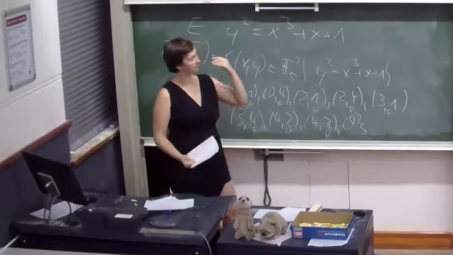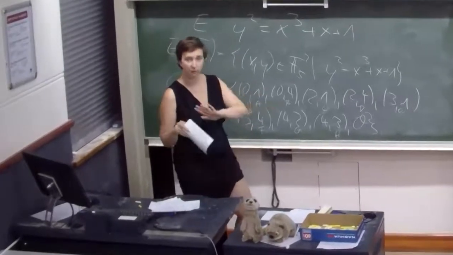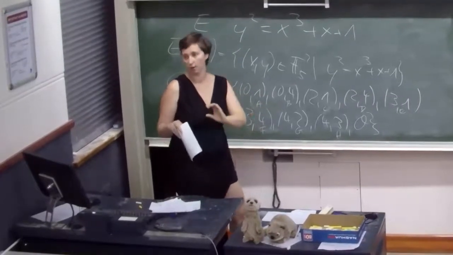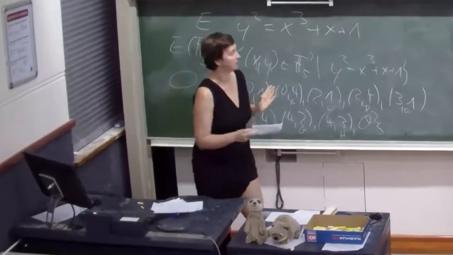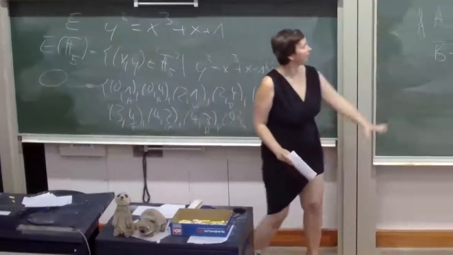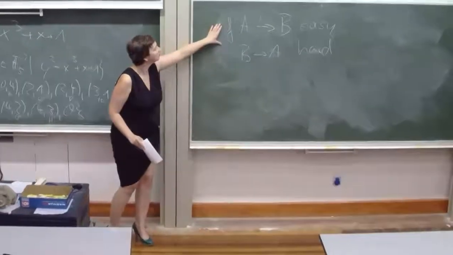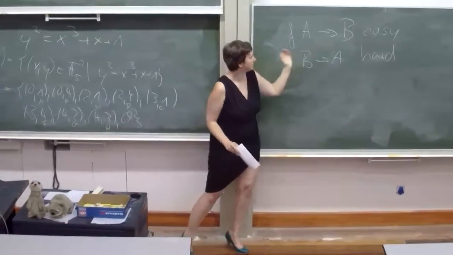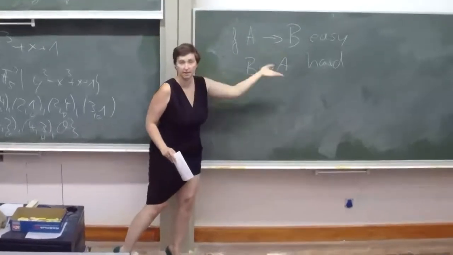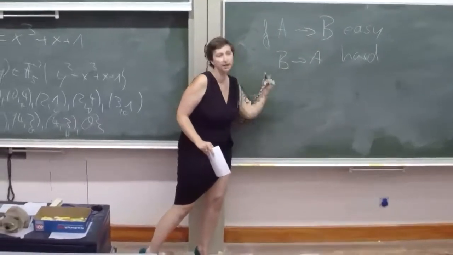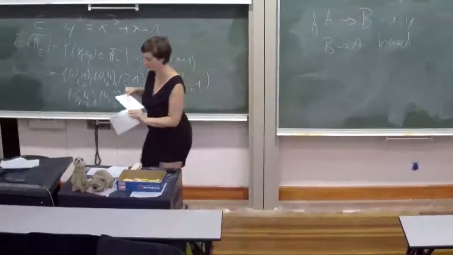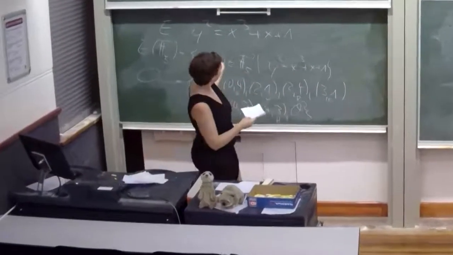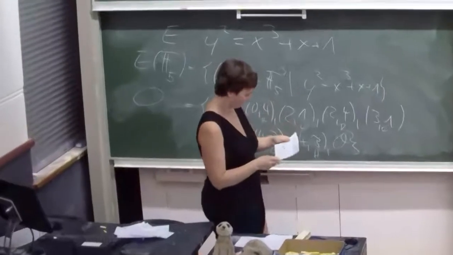We need things that have the same level of security but smaller key sizes. And that's where elliptic curves come in. Elliptic curves give you a trapdoor function with this property: one direction is easy, the other direction is hard, and you don't need a large key size. I will tell you how that works, and why we need those finite fields for it.